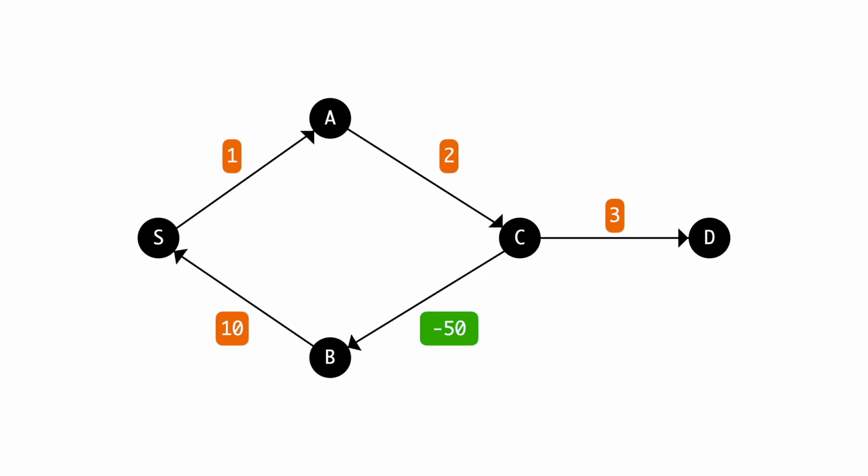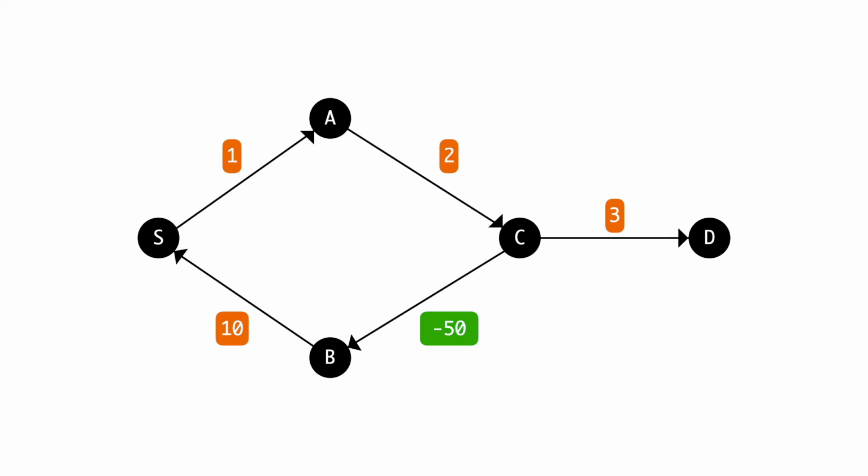Here is a graph, and you can see that there is a cycle on the vertices S, A, C, B in that order, and the total weight of this cycle is easily seen to be negative. In particular, it is, I think, negative 37.